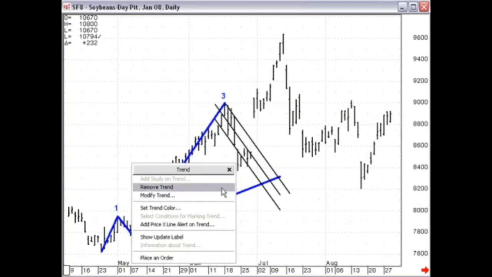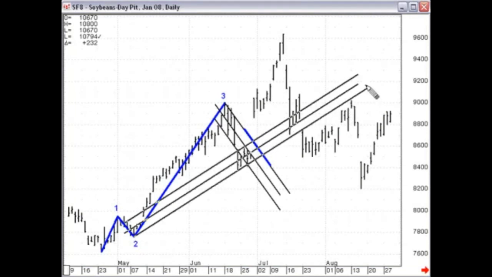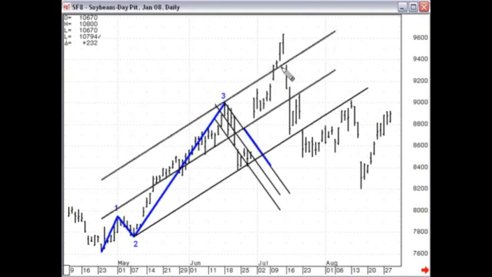Once wave 4 is complete, and the way we know the fourth wave is complete is when the upper boundary line of the deceleration channel or the corrective price channel is penetrated. So we knew wave 4 was complete when prices opened up the next day, which is what they did. And then we simply use our traditional terminating channel to identify resistance for wave 5.